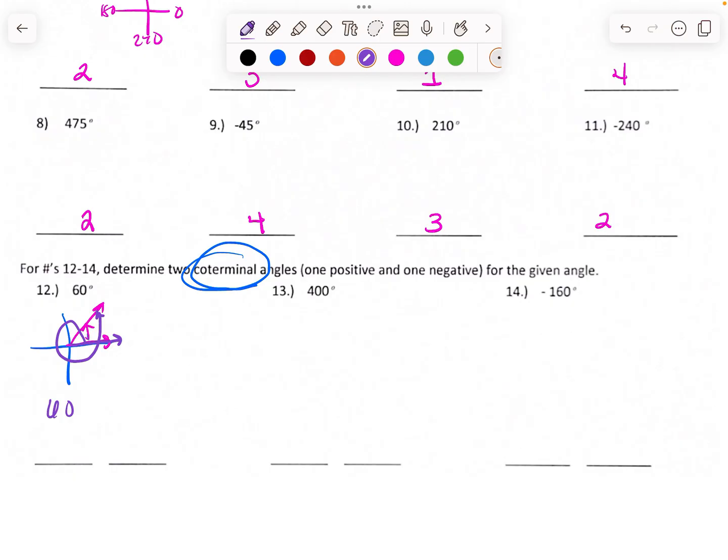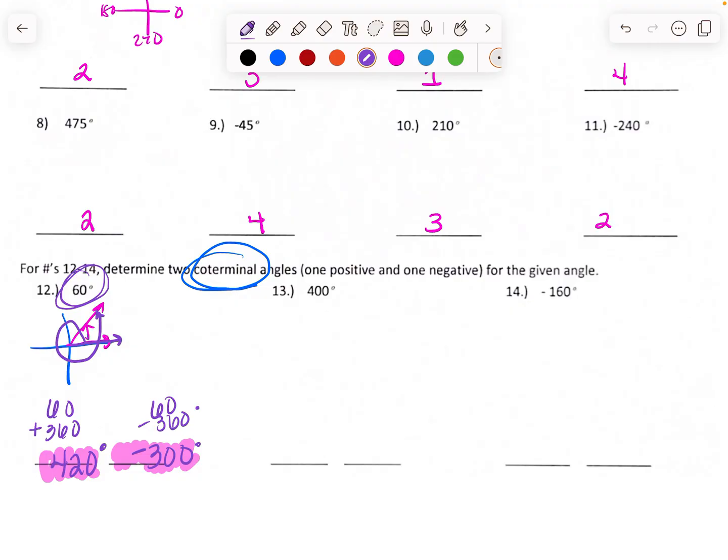So that's 60 plus 360, which would give you a 420-degree angle, which would be coterminal to the 60. And then if I reverse it, if I did a negative 300-degree angle, that's also going to be coterminal. So for coterminal, there's an infinite amount.